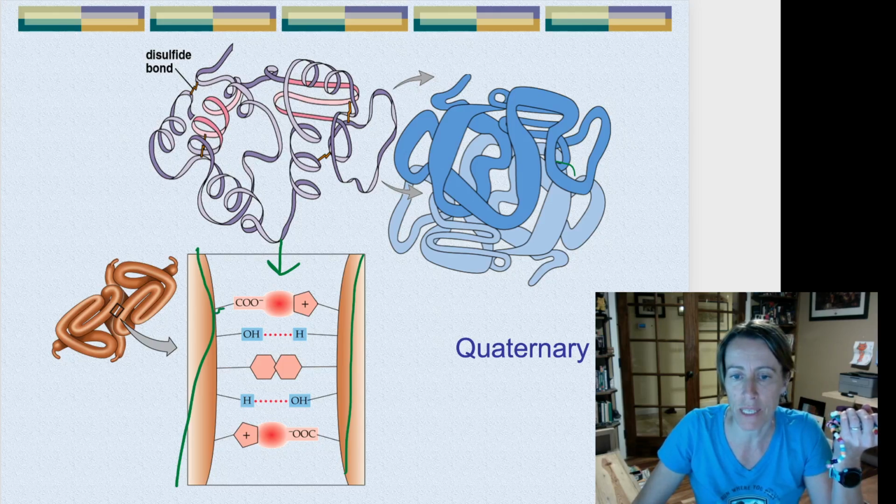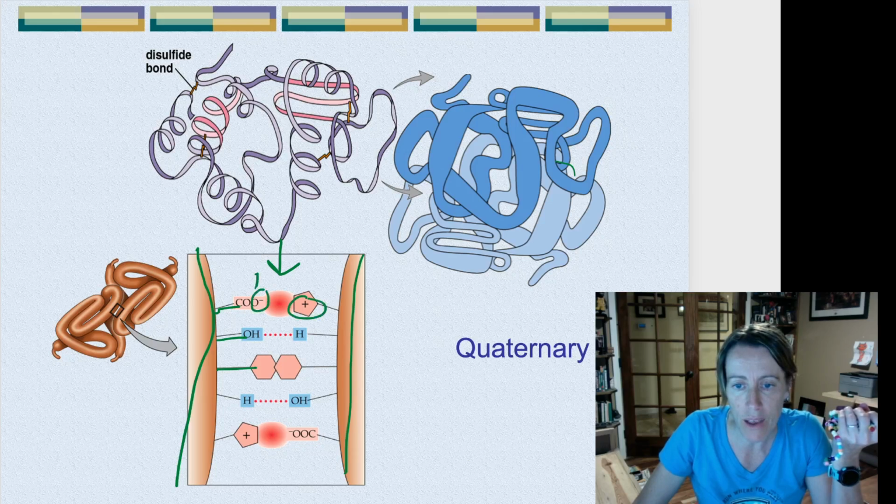And that's what we're seeing here. Here's an R group sticking out. Here's an R group sticking out. Here's an R group sticking out. So this is an ionic bond right here, because you've got a positive and a negative. So this is an ionic interaction. Here is our friend, the hydrogen bond.